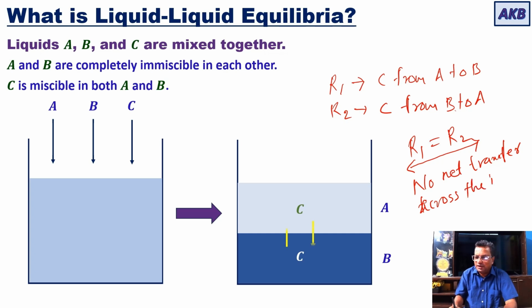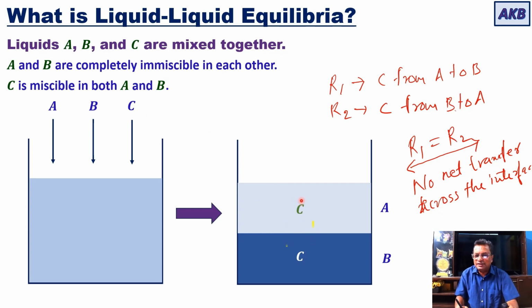That is, the concentration of C remains constant at a particular value in liquid A, and it will be constant at a different value in liquid B. So this is a case of dynamic equilibrium. Although C is moving from one phase to the other phase, there is no net transfer of C. So in this way, equilibrium is reached between the two liquid phases.